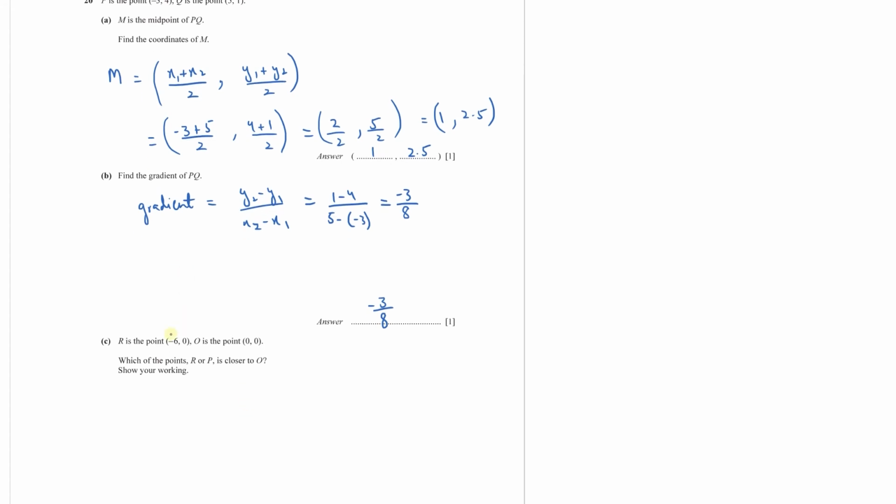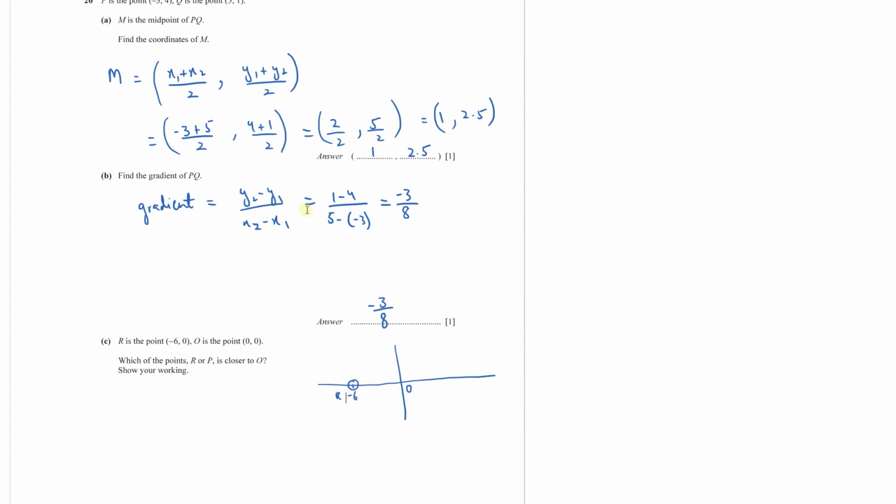Part C is R is the point -6, 0, O is the point 0, 0. Which of the points R or P is closer to O? So if you have this axis and your O is basically the origin, and R is this point -6, and then the y value is 0. So this is on the x-axis.